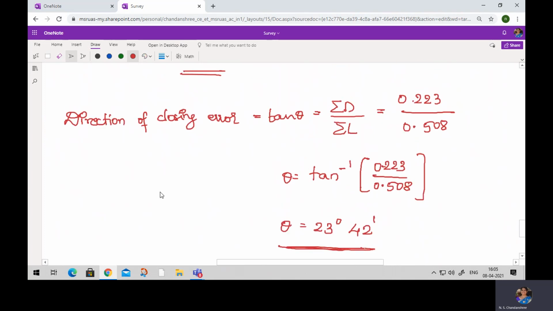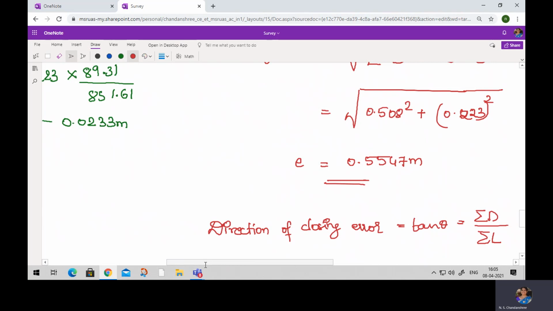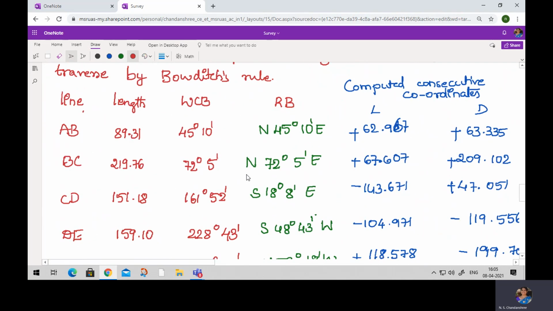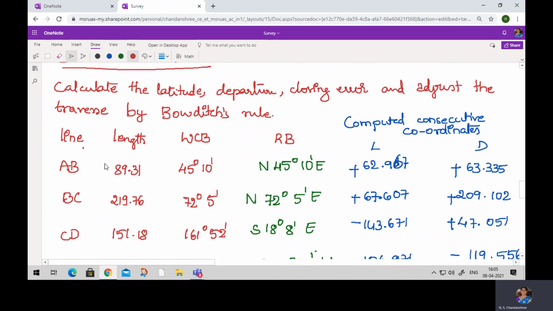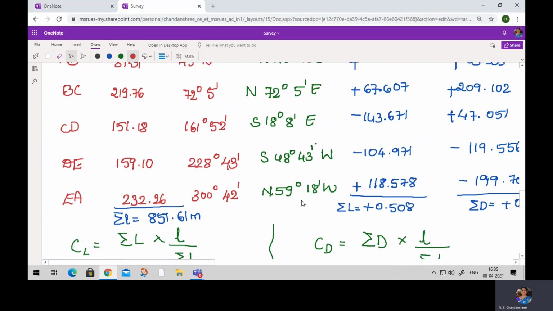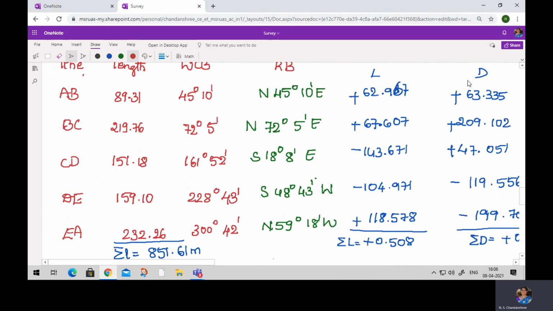Now if we have to do the same problem using the transit rule, then these columns will remain the same, that is the length of the line, whole circle bearing, and reduced bearing. After that, the calculation of latitude and departure is also the same.